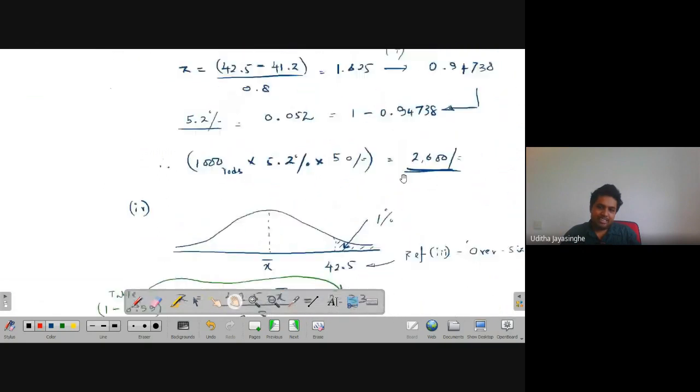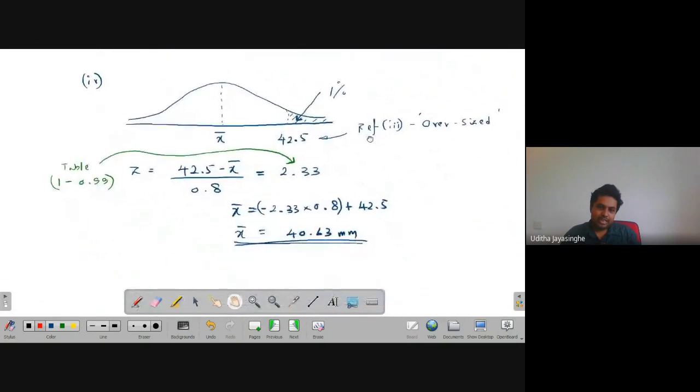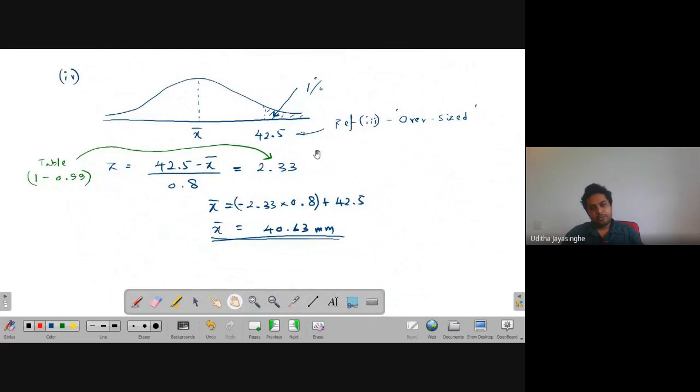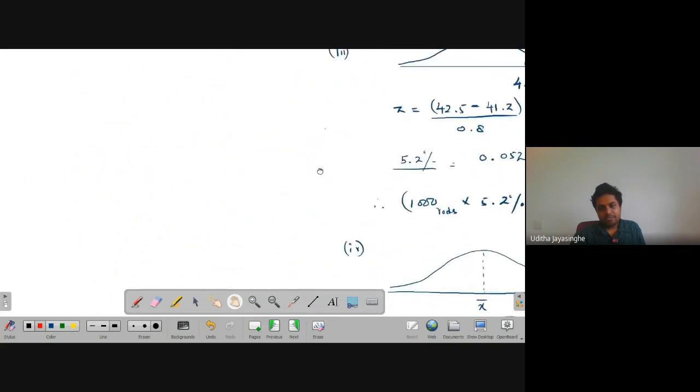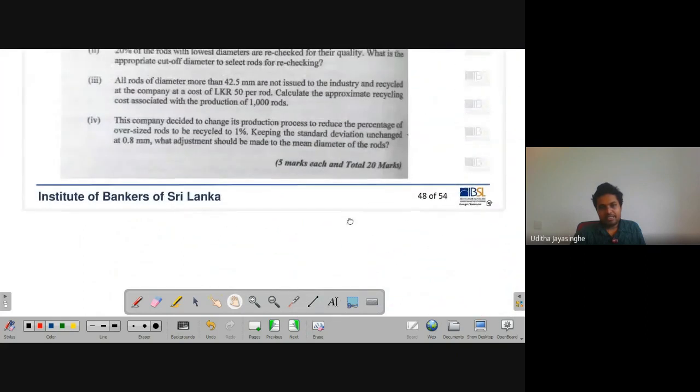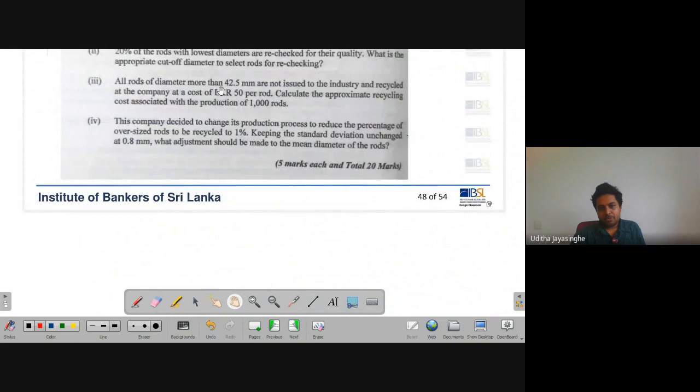This time also, I just put all these things in a small diagram first. So what I know is, I don't know the mean right now. X bar is unknown to me. But by referring to question number 3, the oversizedness is defined at 42.5 millimeter. All rods with diameter more than 42.5 millimeters are not issued to the market, so these are oversized.